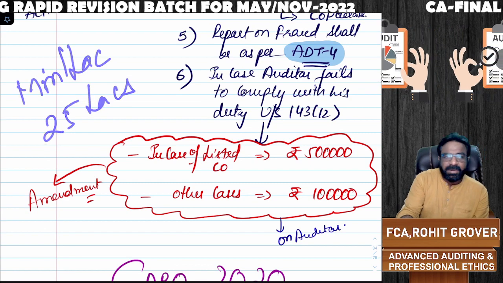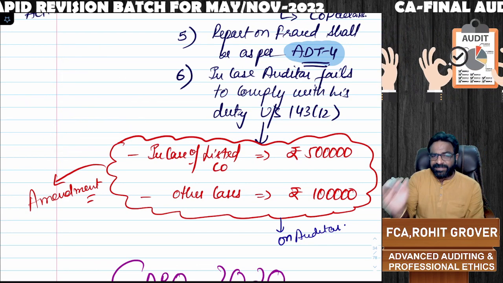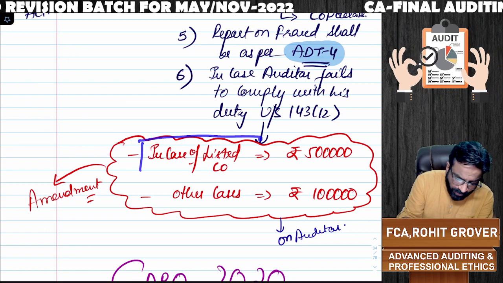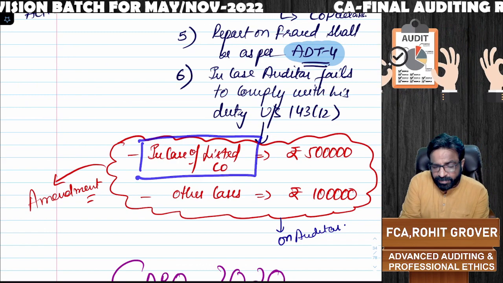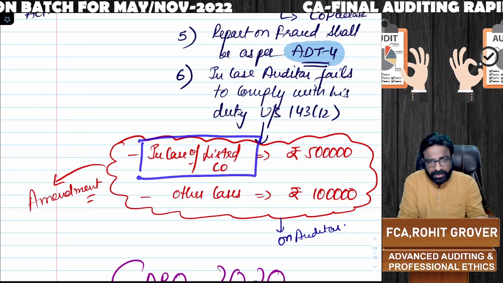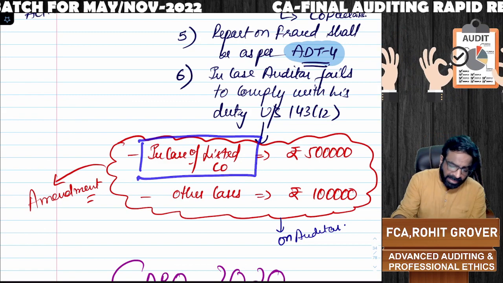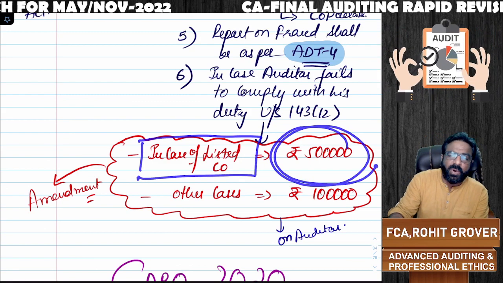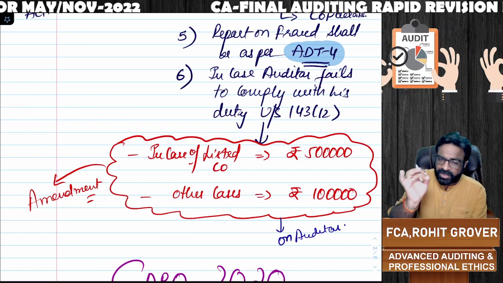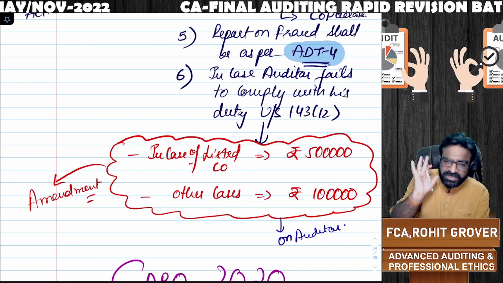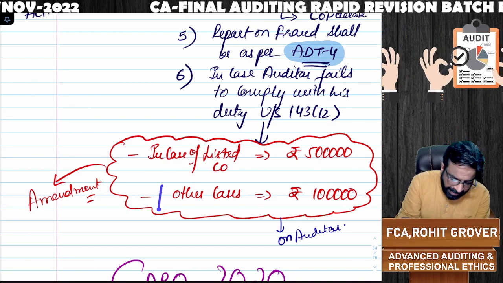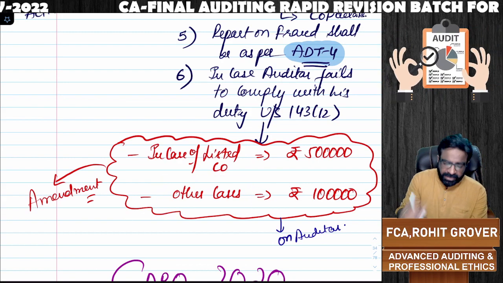But now that penalty has been replaced: in case this fraud was related to a listed company which you failed to report, then you will be liable to a penalty of directly rupees 5 lakh. So the auditor will be liable to a penalty of rupees 5 lakh. And in any other cases, the penalty will be 1 lakh.